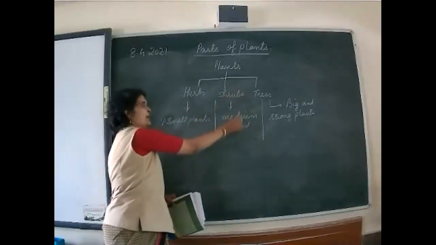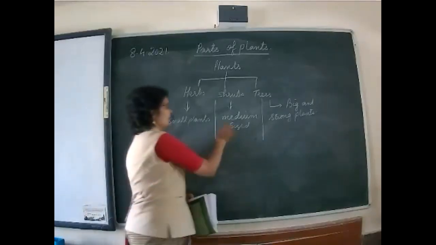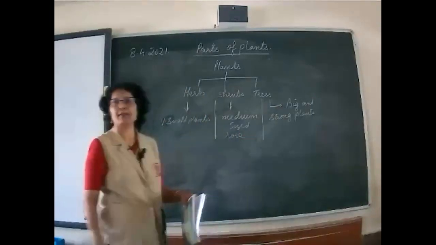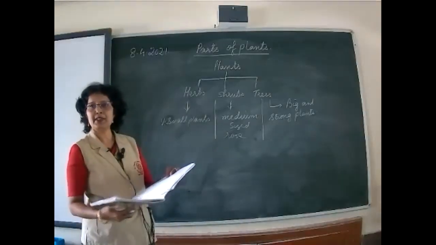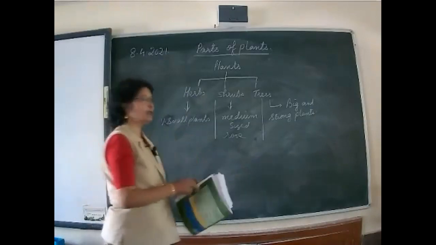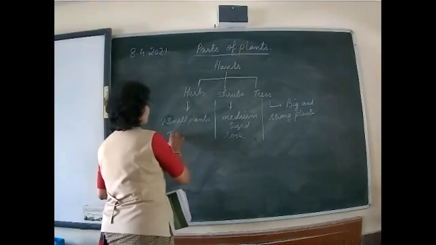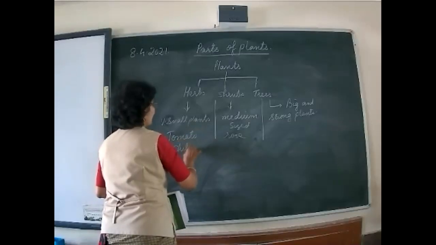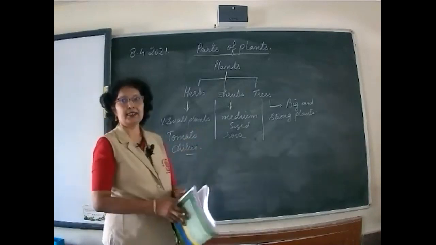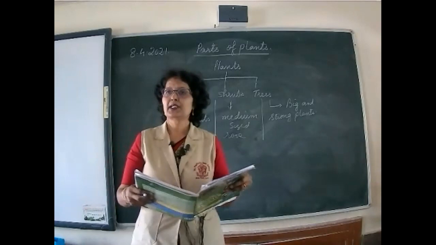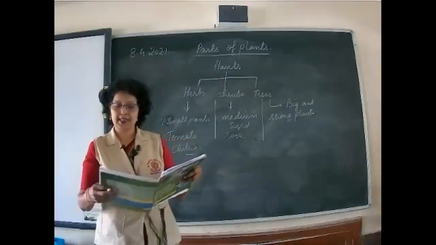Then shrubs are medium size. You can give the example of shrub as rose, and big and strong plants like mango, banyan, apple tree, they are big trees. And herbs you can write down tomatoes, chilies. They are very small plants. Is that clear? So these are the 3 divisions of plants. You can divide them according to their size.